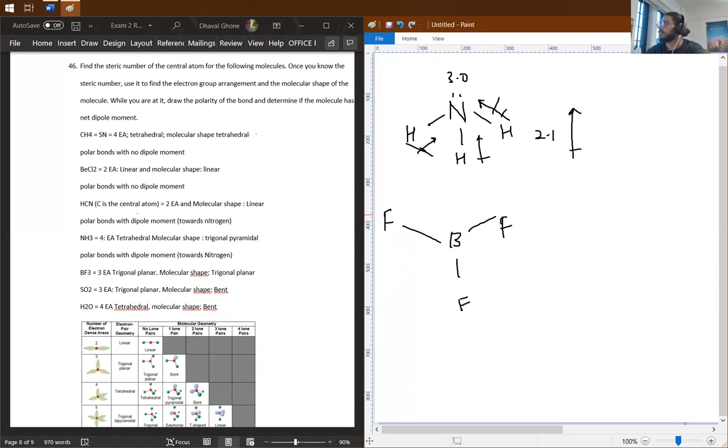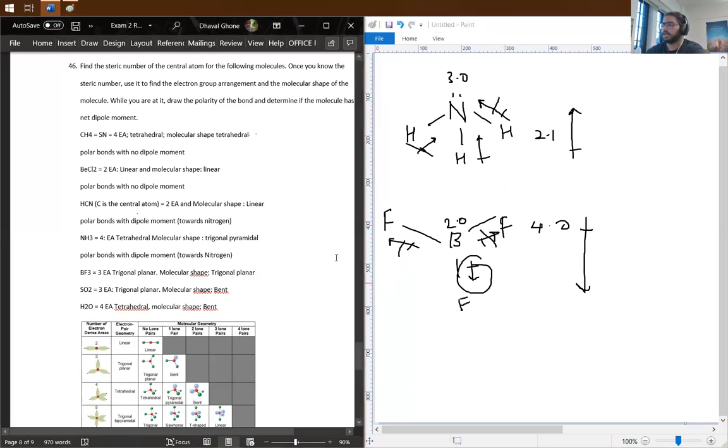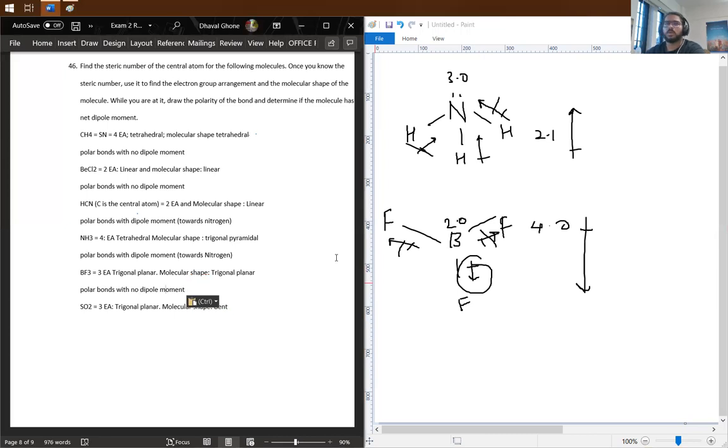Boron has an electronegativity of 2, while fluorine has 4.0, and so it'll move towards the fluorine atoms. Again, these would cancel off because they're symmetric, but this would remain, and so my net dipole moment is towards fluorine. And so in the case of BF3, I'll have polar bonds with dipole moment towards fluorine.